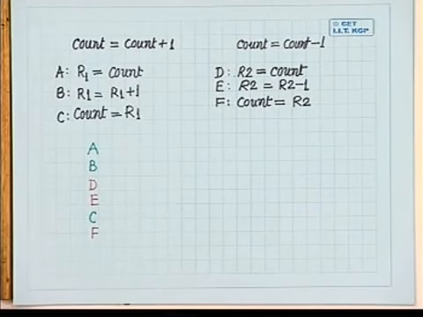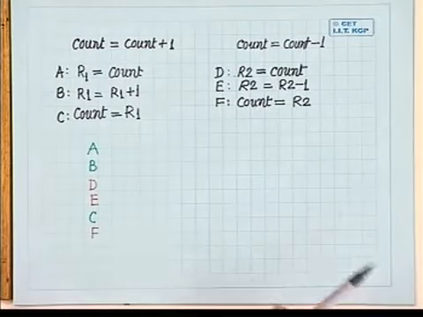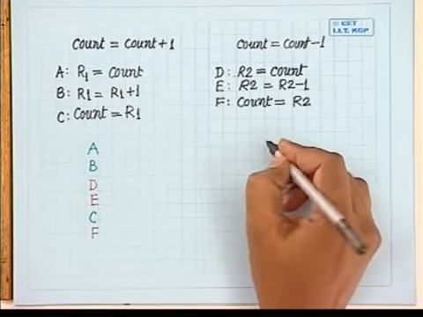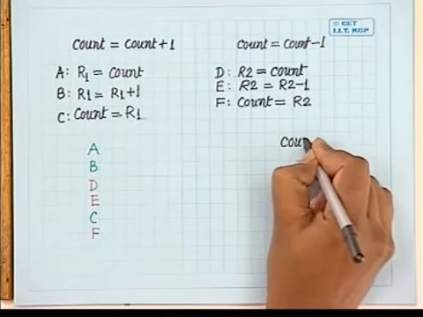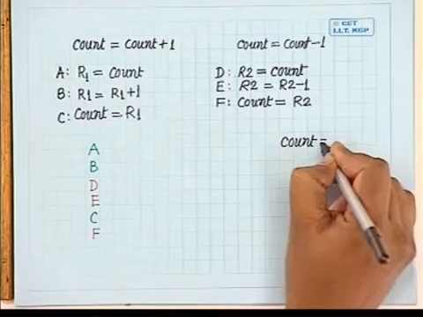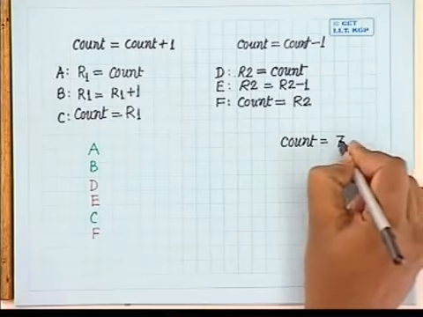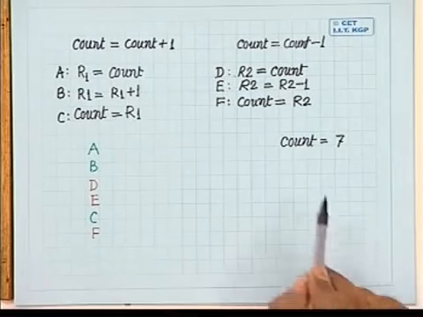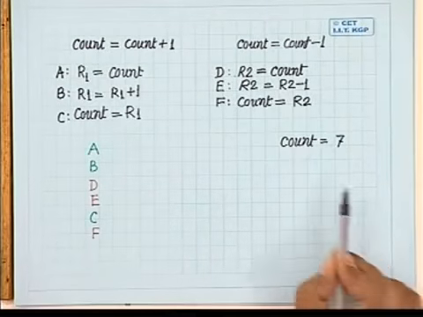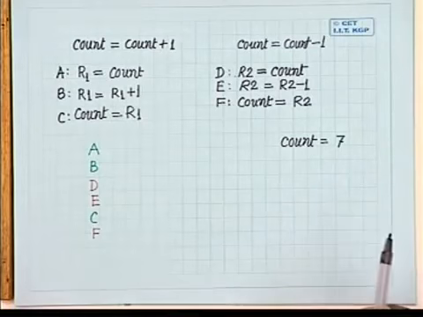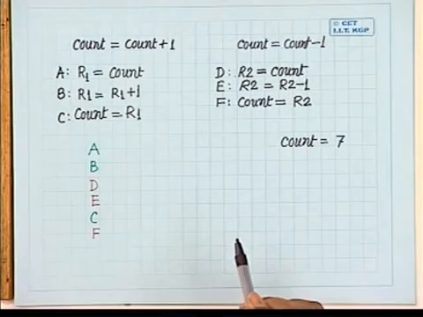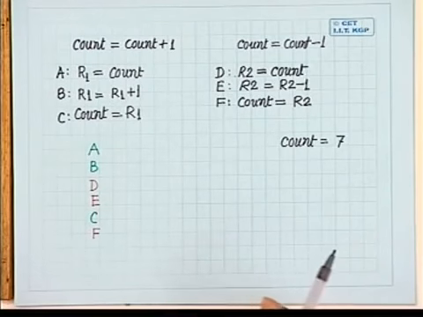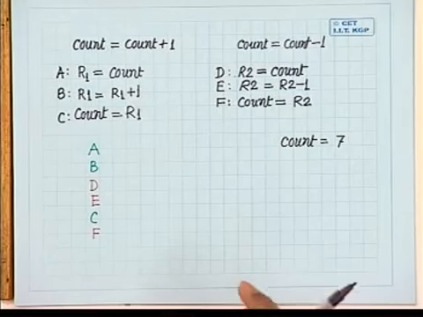The problem may be, at any time instant, let us assume that the value of count was any value, let us say 7. Okay, that means at this particular instant of time, there are 7 items present in the buffer. Now in this situation, let the producer process produce one item and put it into the buffer. The consumer process also consumes an item from the buffer. Okay.